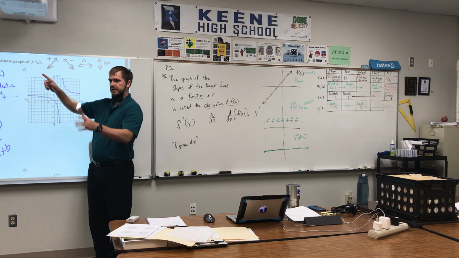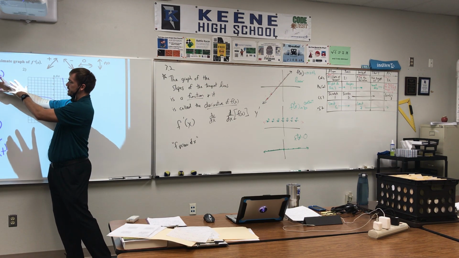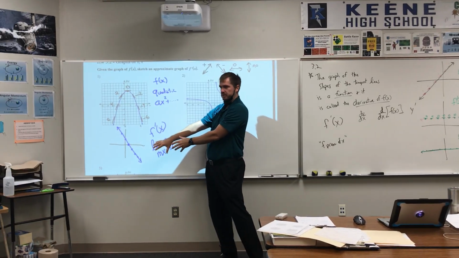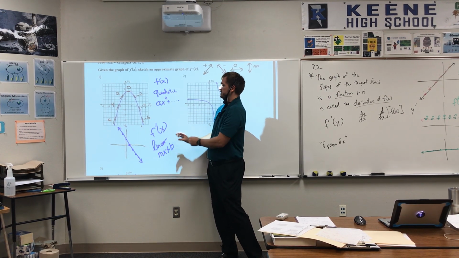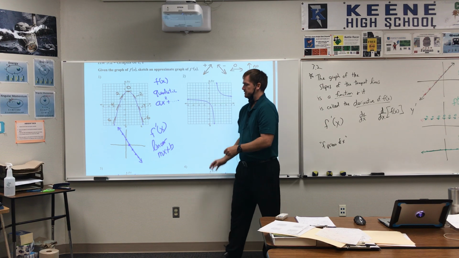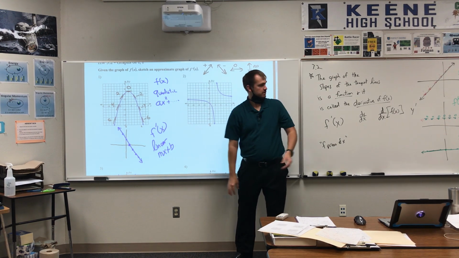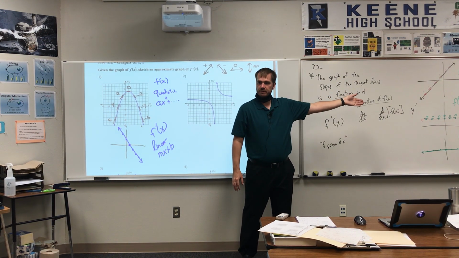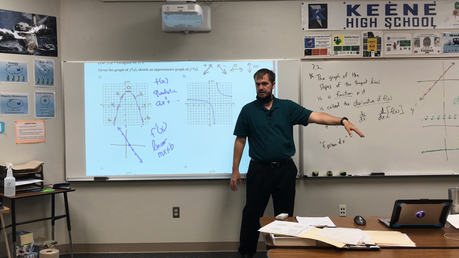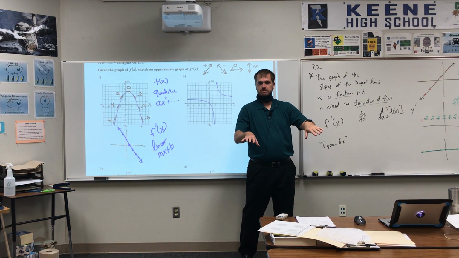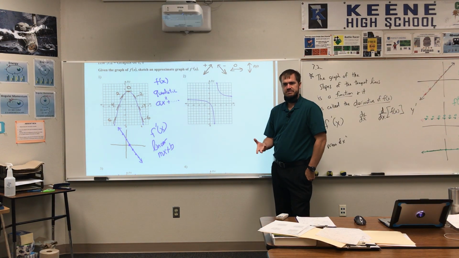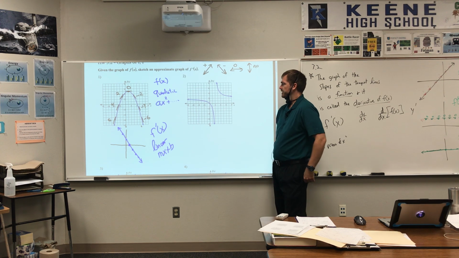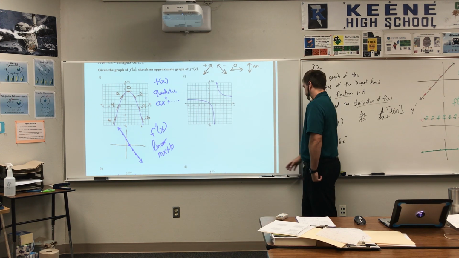And cubic graphs generate quadratic derivatives. Quadratic derivatives create linear derivatives. Linear derivatives create constant derivatives, and constant derivatives create 0 derivatives. Do we need to write that down? I think I've said it like a million times. I'm going to try to do it in symbols, but we'll do something more interesting on that later.